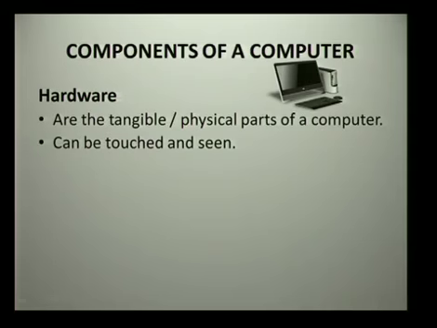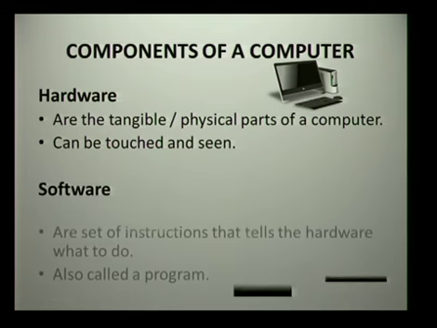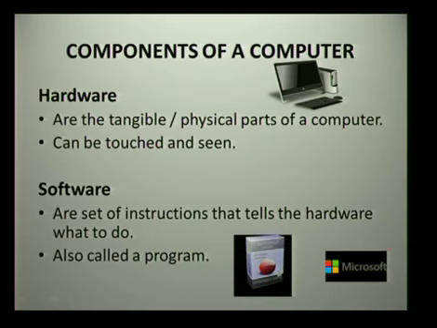Now, what is hardware? Hardware would be your tangible or your physical parts of a computer that you are able to see and touch. So your screen, your keyboard, your mouse would be such examples. Software now would be the instructions that tell your hardware what to do.